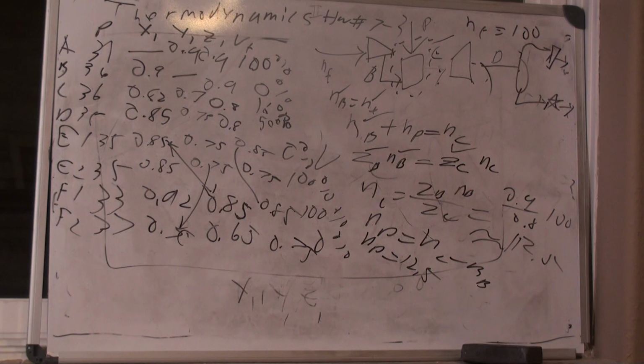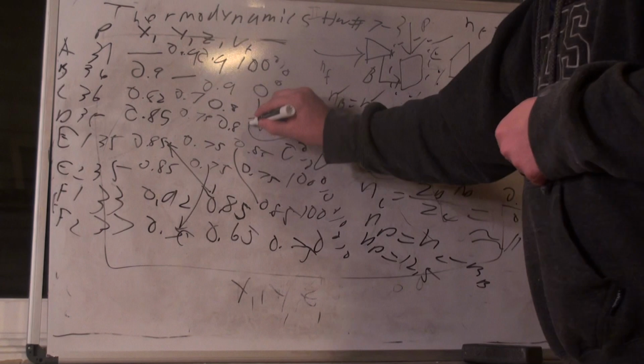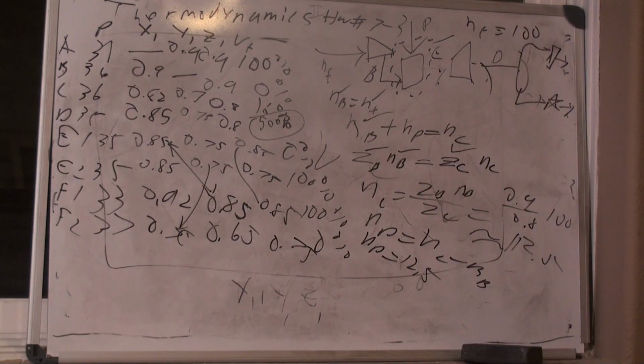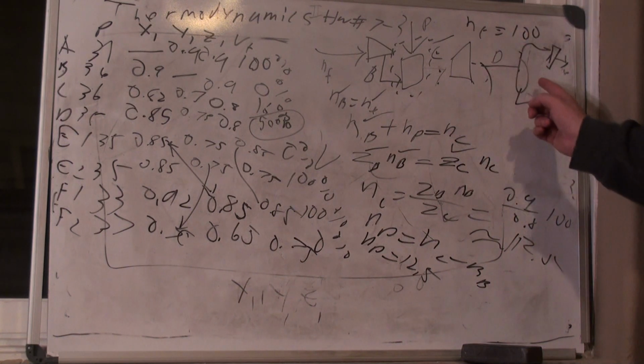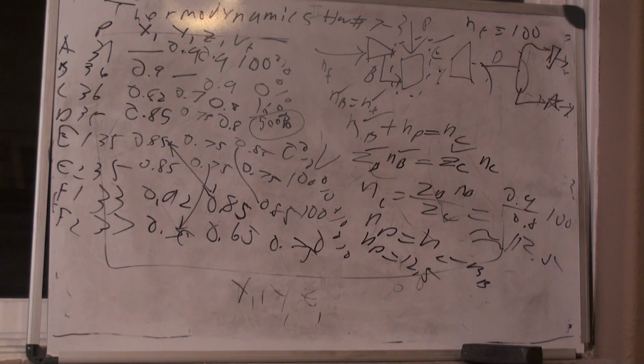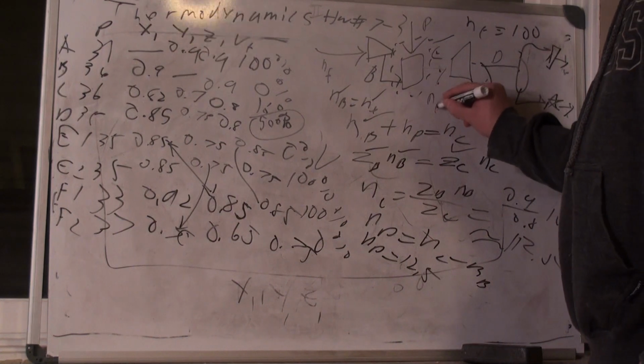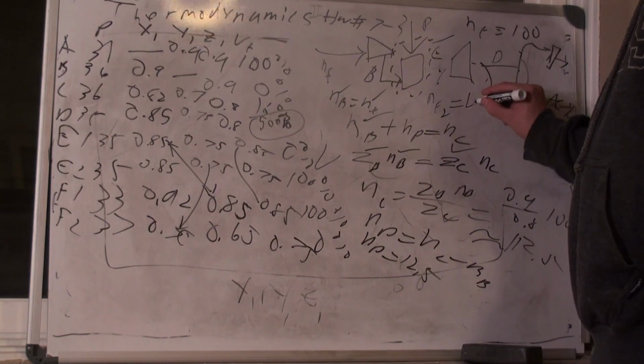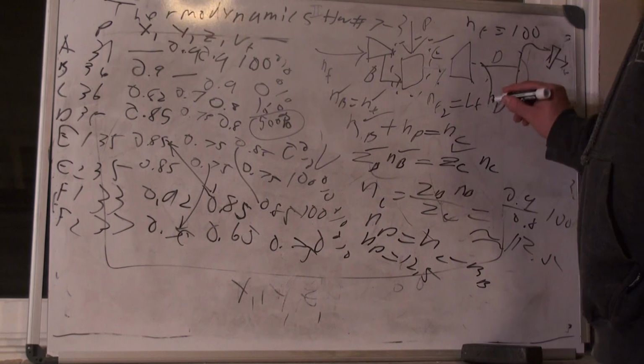I know that in this tank, it's 50% vapor, which means it's 50% liquid. I know that what came in is 50% liquid. And if all the liquid's drained, that means 50% of what comes in comes out this bottom. And so I can say with complete confidence that NF2 is equal to the liquid fraction of ND.